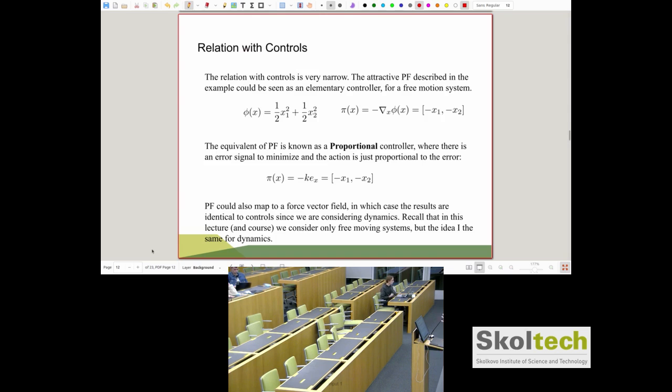A little side note: there's a high relation between this way of thinking about plans as feedback-based plans over derivatives, or following gradients or derivatives of potentials, and controls. Again, I'm not going to talk about controls. There are a lot of courses on this. Maybe some of you know.